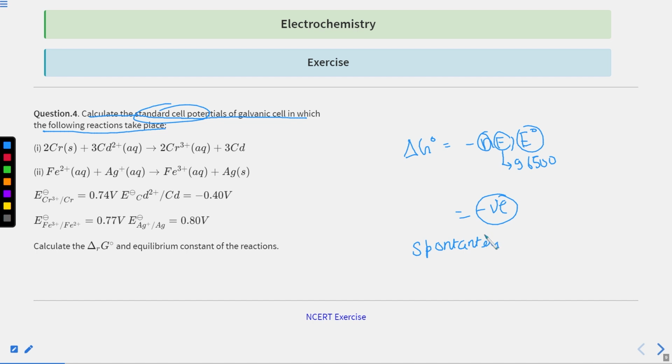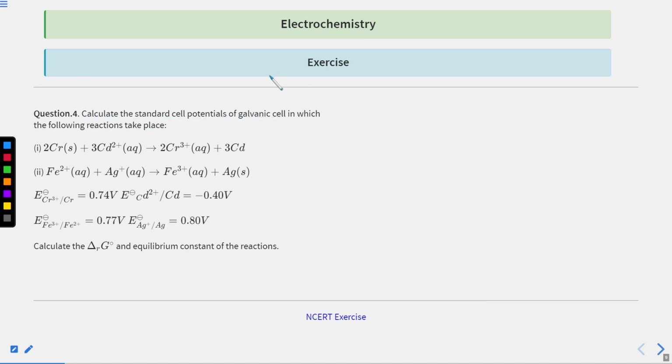Now let us calculate the E naught value for each of these. The criterion for the reaction to happen is that E naught should be positive. Is this clear? Okay. Now let us write it.